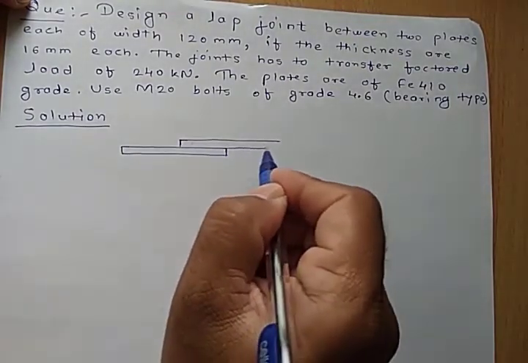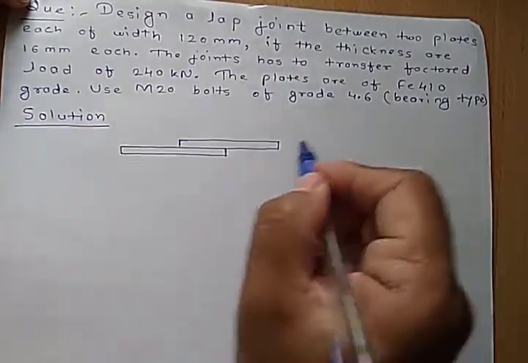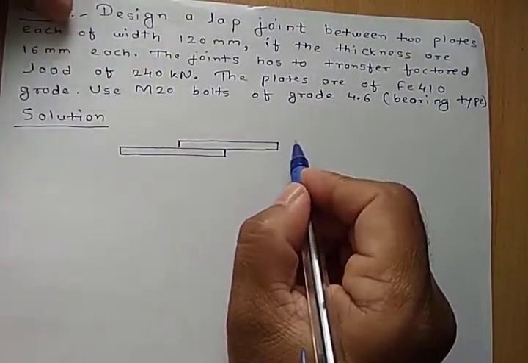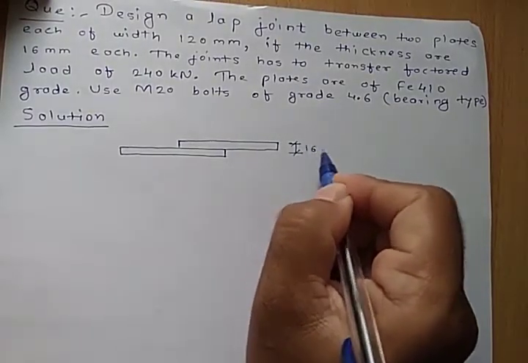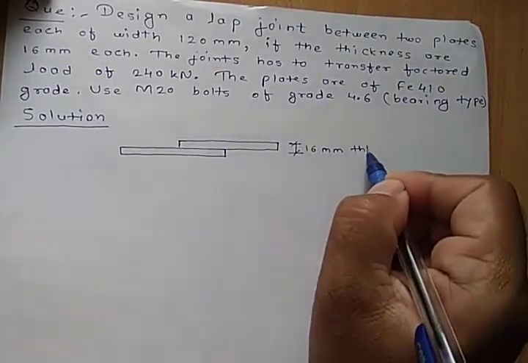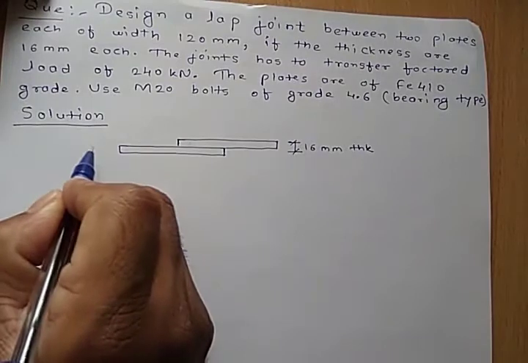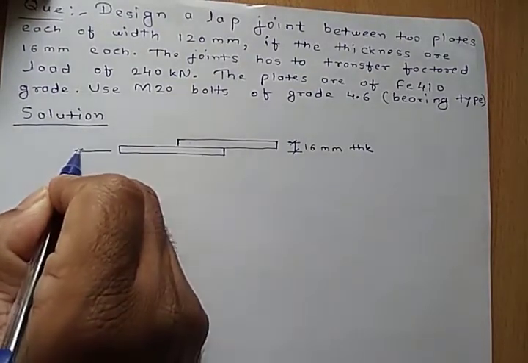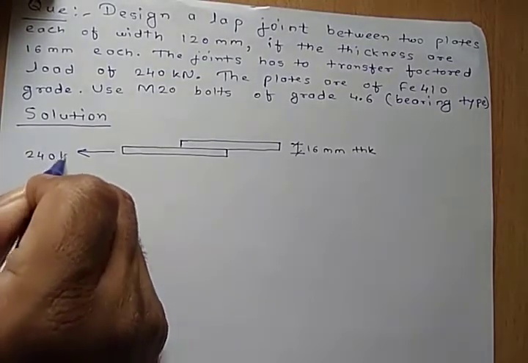The plate is 16 mm thick, and this is having 40 kN load. So we'll draw the step-wise connection. Let us have step number 1, given data.